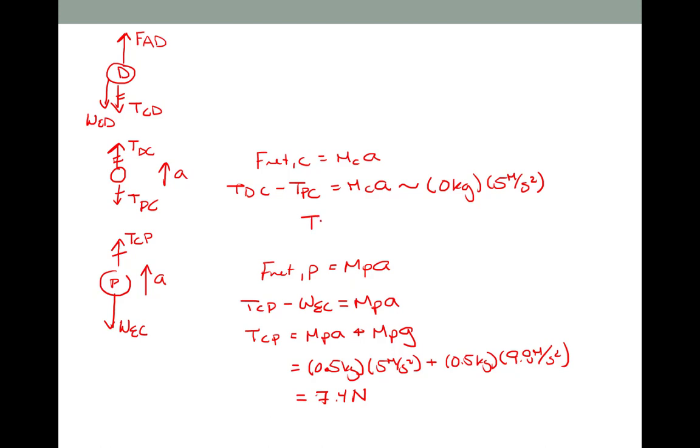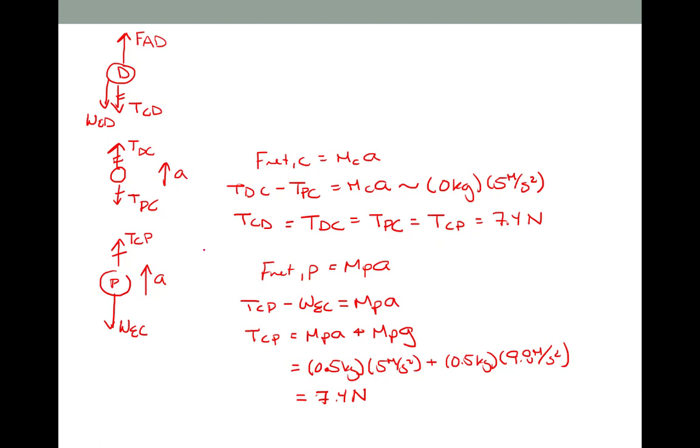With that, that tells me that TDC equals TPC. And since I know TPC and TCP are third law force pairs, I can equate this like so. And I know that this is 7.4 newtons. And again, I have another set of third law force pairs up above. I have successfully connected my two tensions to each other.